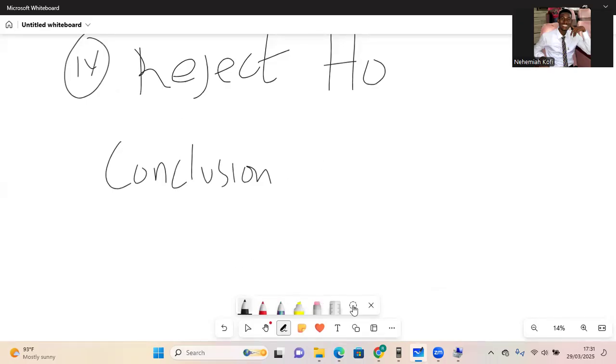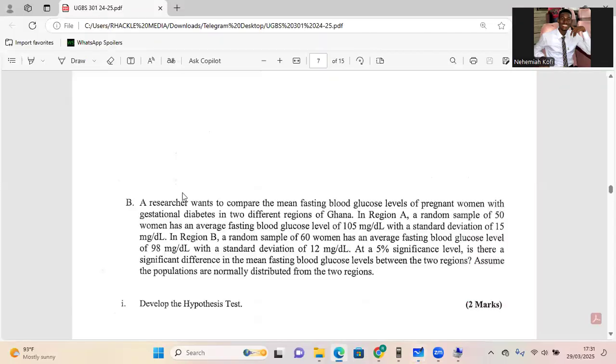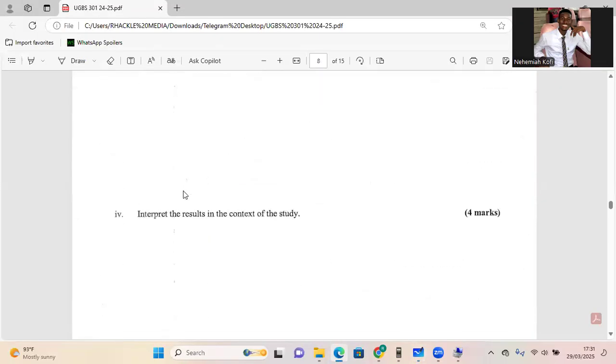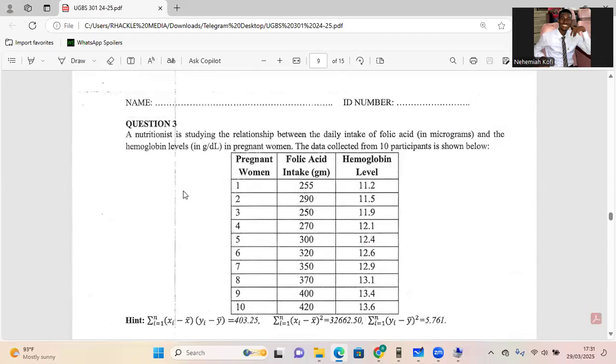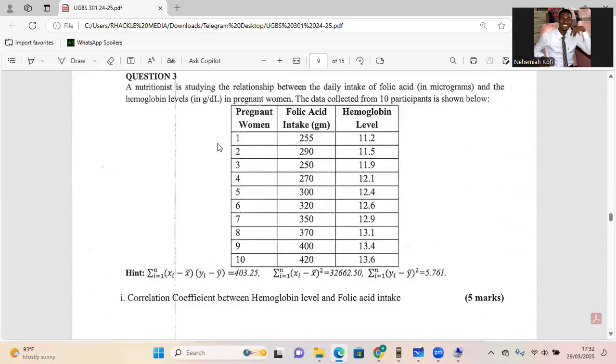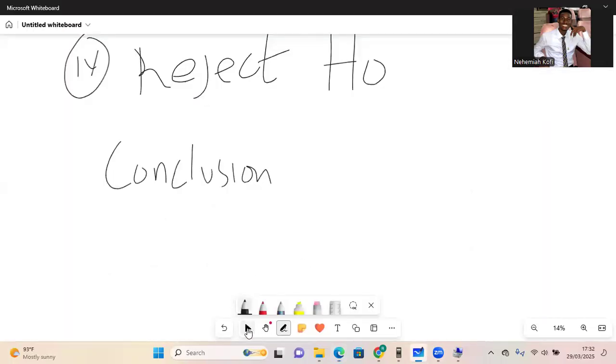All right, so we are done with question 2. Right, let's go to question 3. So question 3 is on correlation and regression. All right, so let's do that.